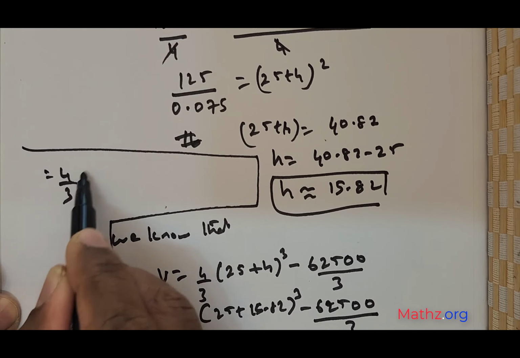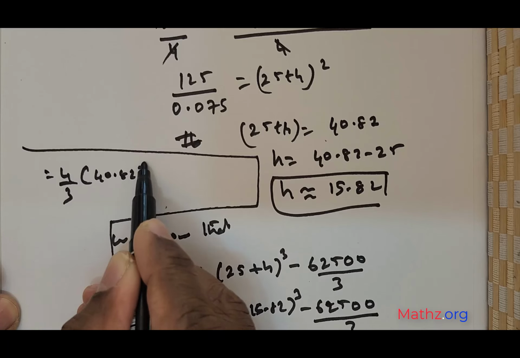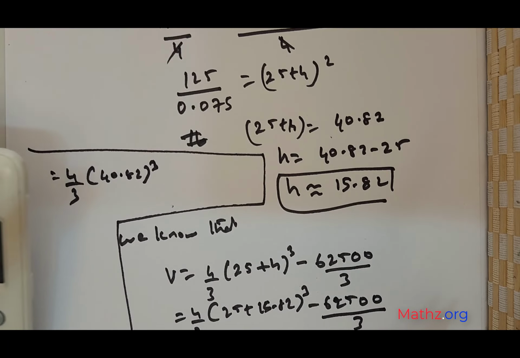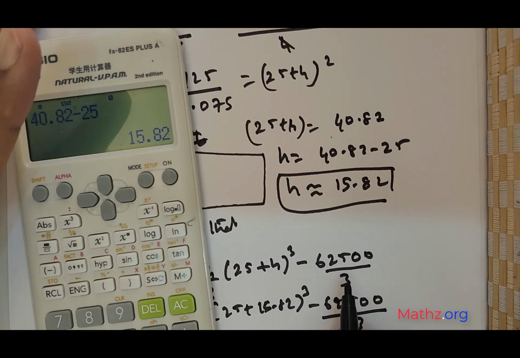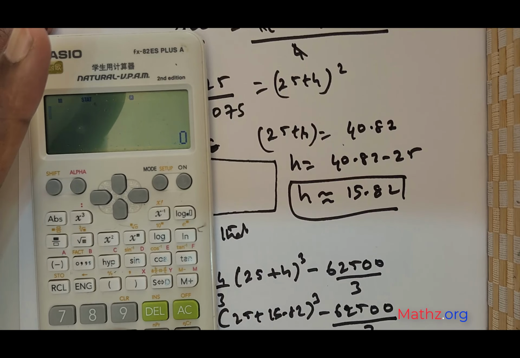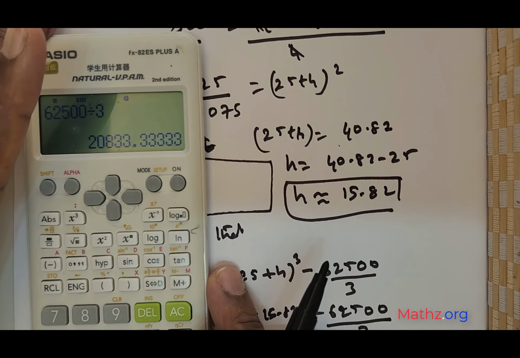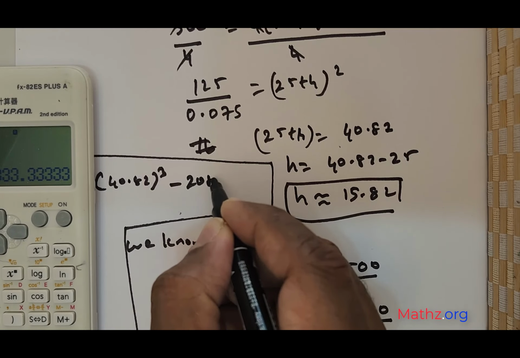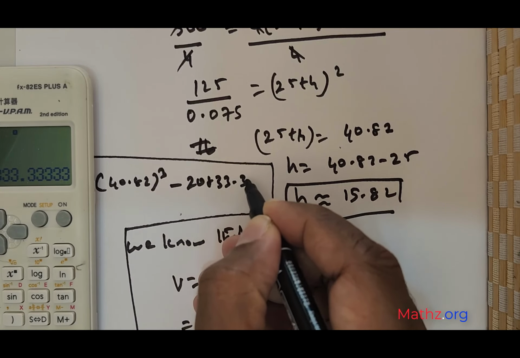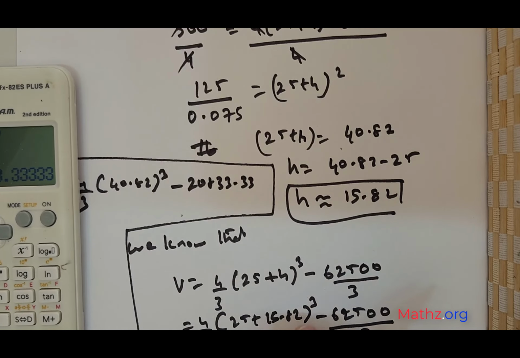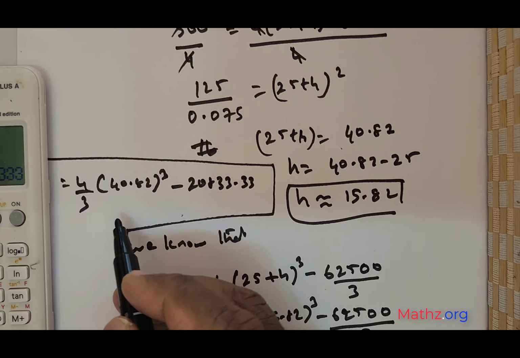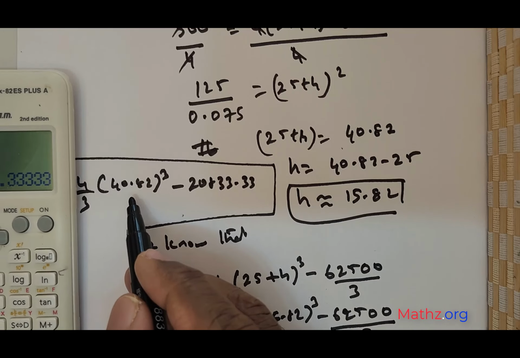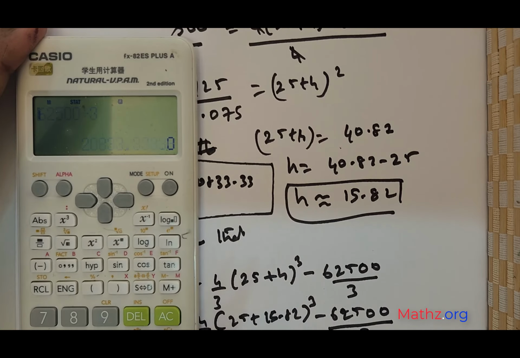So this is equal to 4 over 3 times 40.82 raised to the power of 3. Now 62500 divided by 3 is going to give you 20833.33.